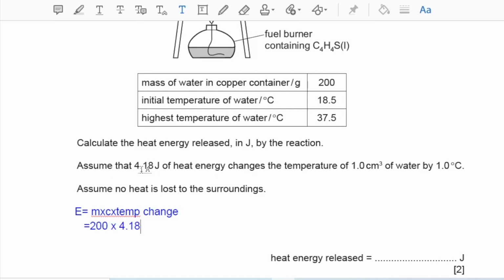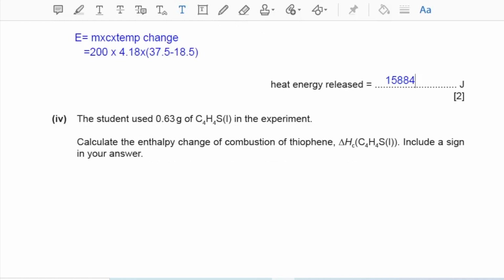This is the specific heat capacity of water, and that will be multiplied with temperature change, which is 37.5 minus 18.5. We need not convert this Celsius into Kelvin too. So heat energy released will be equal to 1584 joules.